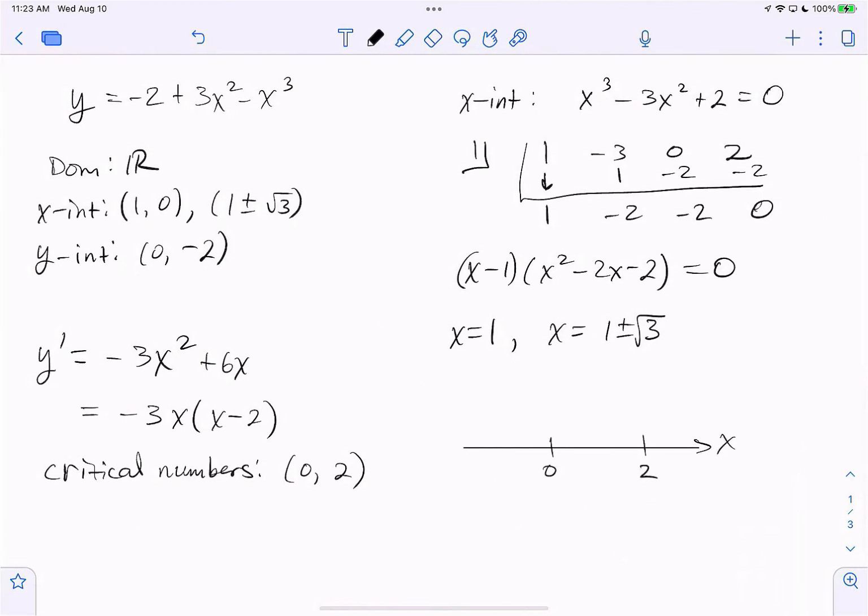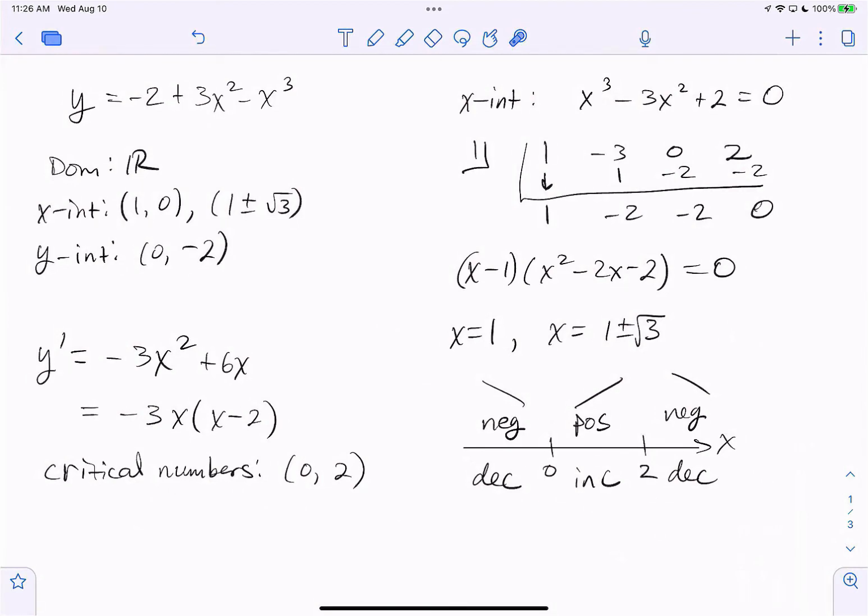Setting up a number line with 0 and 2, if I pick a number to the left of 0, y prime is going to be negative, and so the function is decreasing on the interval from -infinity to 0. Between 0 and 2, the derivative is positive, and so the function is increasing. And to the right of 2, we're going to get a negative value, which means the function is decreasing, and so the slope is negative there.